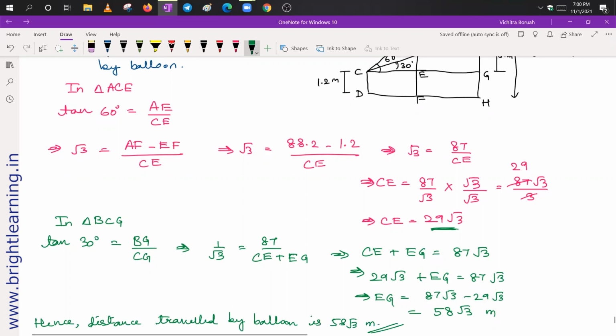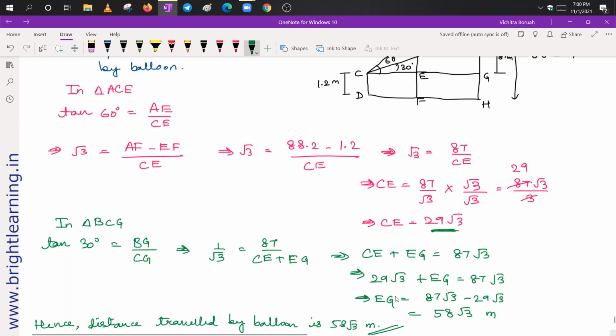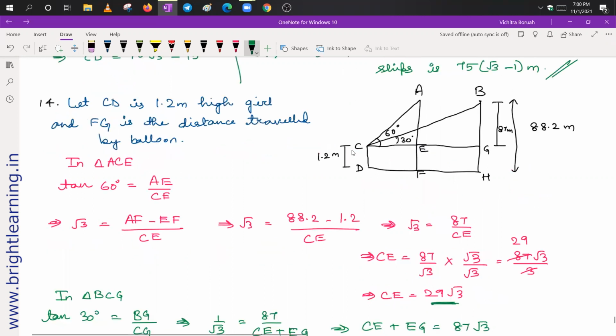According to the question, we were given that there is a girl. The height of the girl is given as 1.2 meters. Suppose CD is the girl and she is observing a balloon. Suppose at point A the balloon is there, and after some time the balloon is at point B. The angle of elevation at A is given as 60 degree, and when the balloon reaches point B, the angle of elevation is 30 degree.